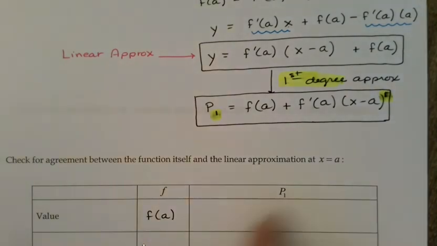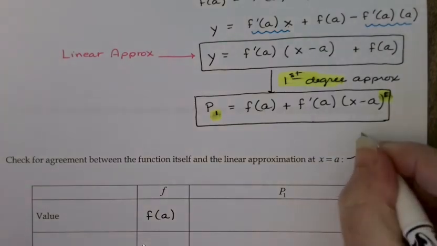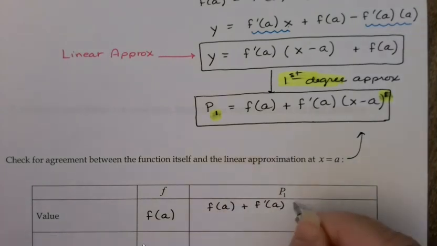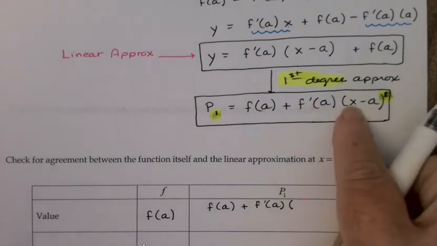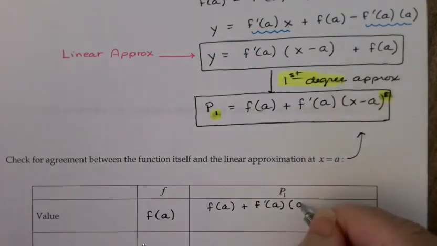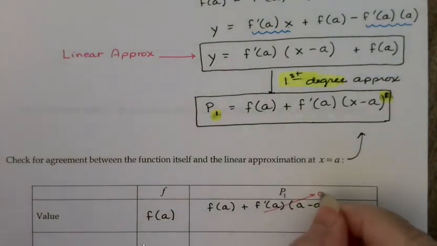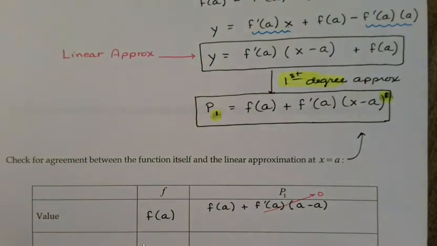Now if I plug x equals a into my approximation, I would get f of a plus f prime of a, and I'm substituting a for the x here, so times a minus a. Of course, since a minus a is 0, that whole term is going to go to 0, and I get f of a. These agree perfectly.